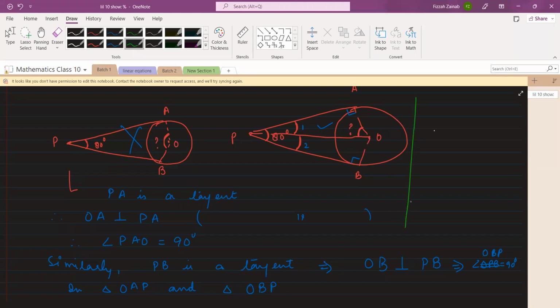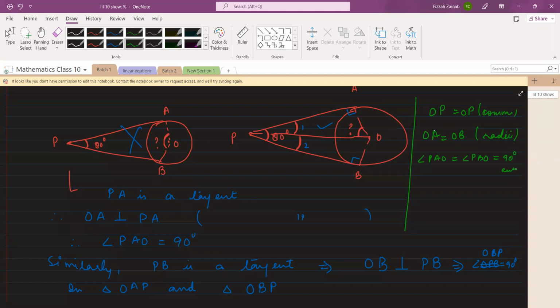Okay, so I'm writing here so that you can see in the figure. First of all, OP is equal to OP, which is common, right? Then OA is equal to OB, both are radii. Third, angle PAO is equal to angle PBO, which is 90 degree each.